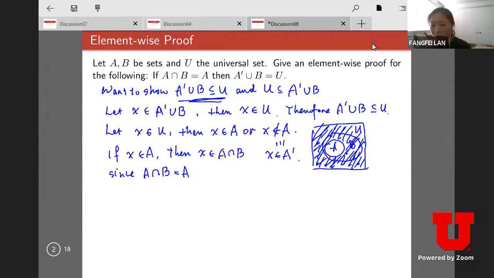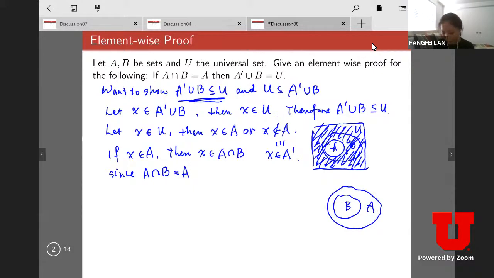I thought B was a subset of A because the intersection of the two is equal to A. If A intersect B, okay, so you mean like this?